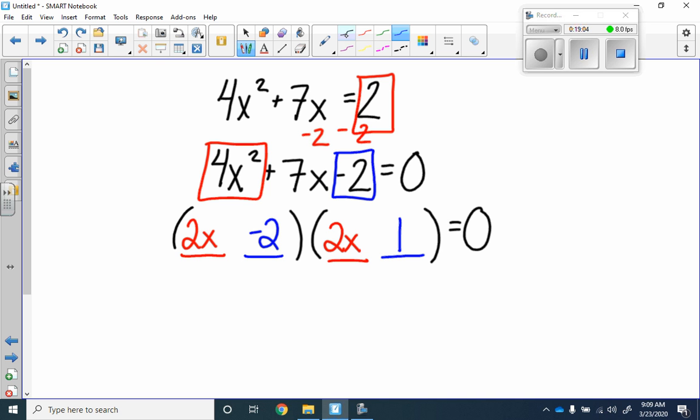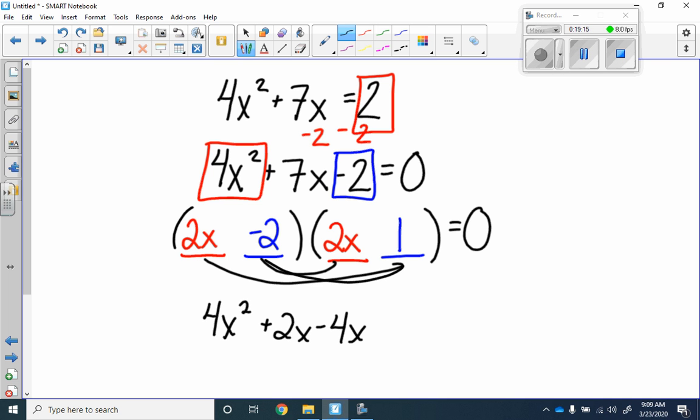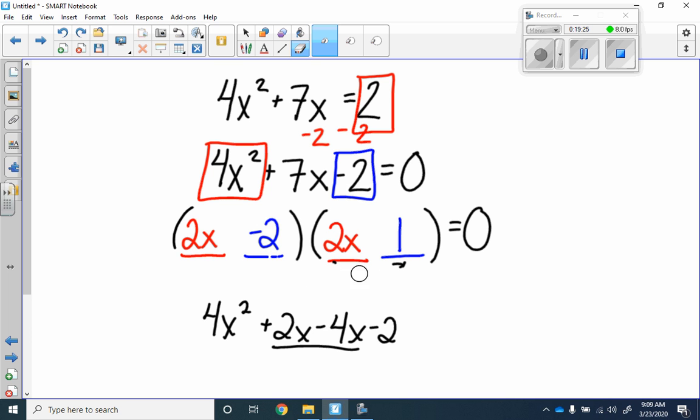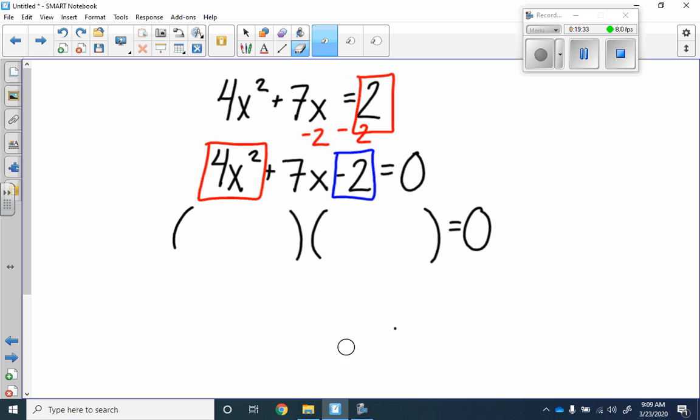Now if I FOIL this out, I get 4x squared plus 2x minus 4x minus 2. Well, 2x minus 4x does not give me the 7x that I'm looking for. So that means my guess did not work. Again, when it's called guess and check, you have to check your answer.